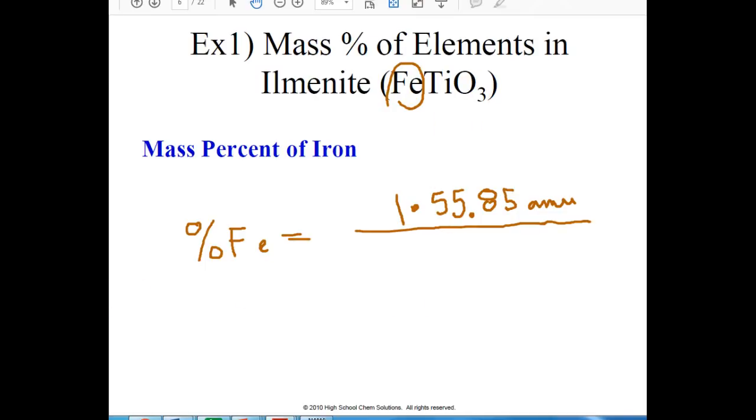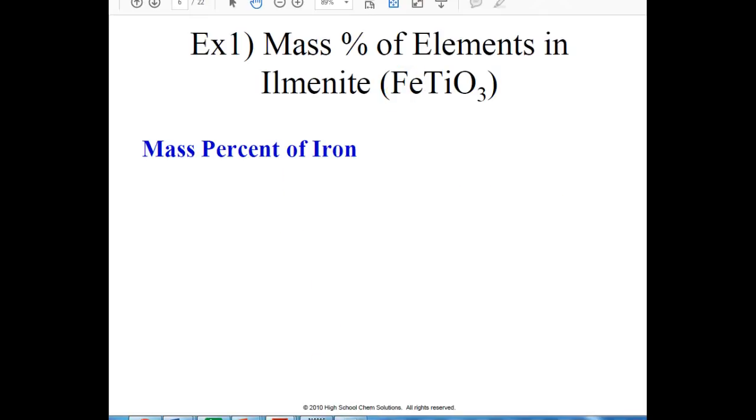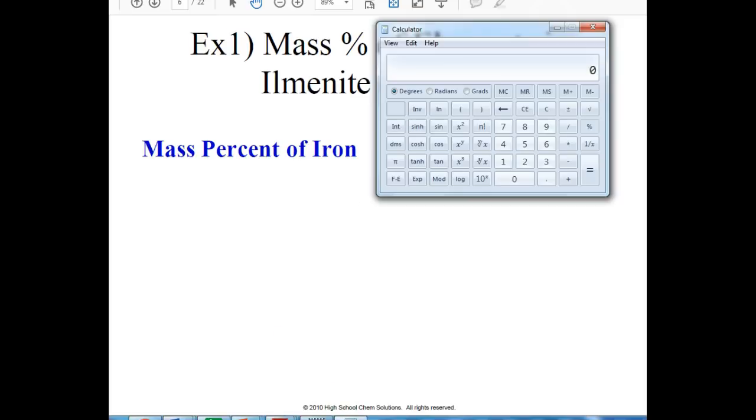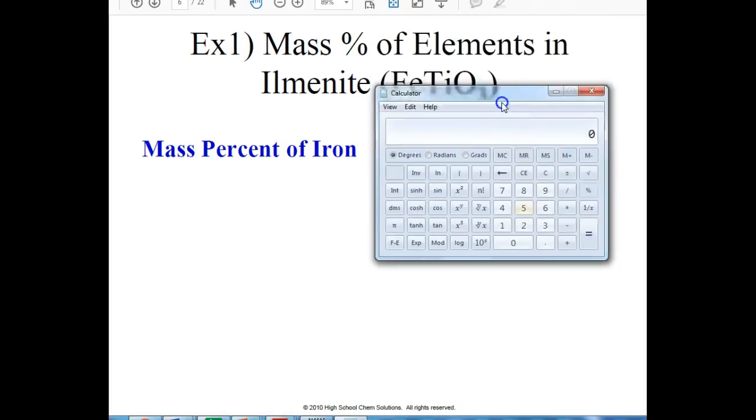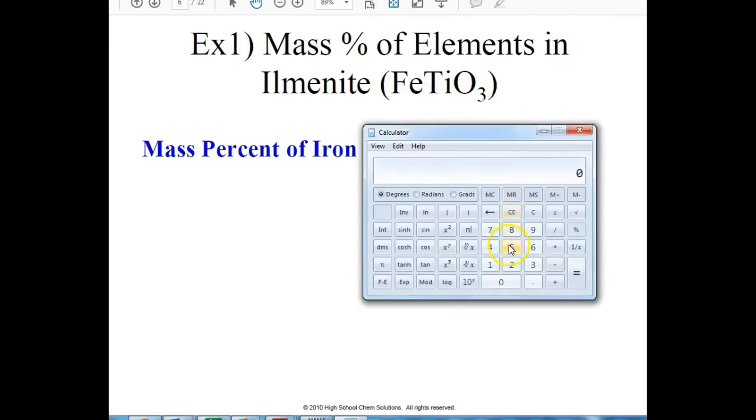And I'm going to pull up my calculator for that. So for iron, titanium, and 3 oxygens, I'm going to do 55.85 plus titanium is 47.87 plus then oxygen times 3.